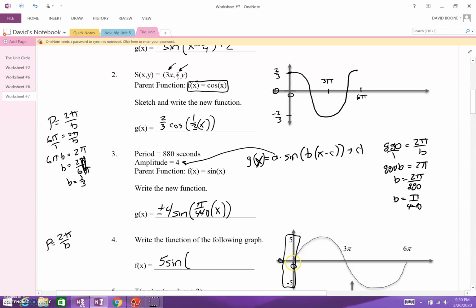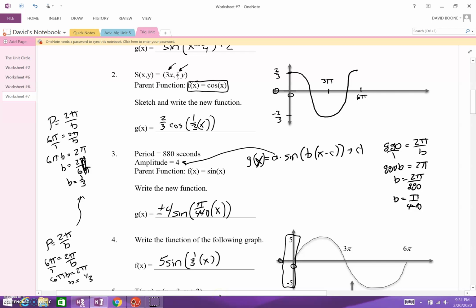Looking at this, my period is going from 0 to 6 pi, so 6 pi equals 2 pi over b. Cross multiplying and solving, I get 6 pi b equals 2 pi, and it's just like the problem up above. So I would see that b would eventually get to be 1/3. So I'd have 1/3 times x as my function for that graph.